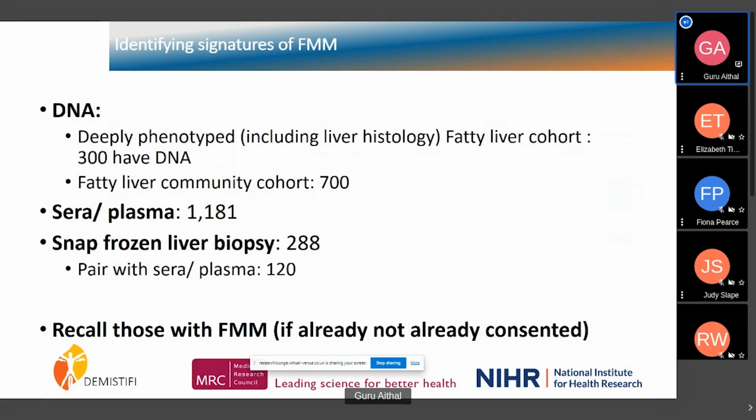For example, for chronic pancreatitis patients, we haven't got such cohorts of samples. We are now applying for ethics to get consent to invite those patients to come back to us and give blood samples if they are willing to do so.